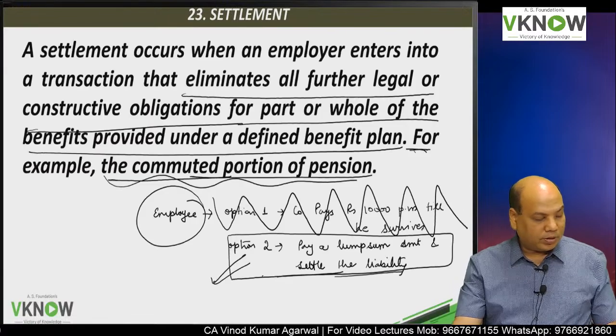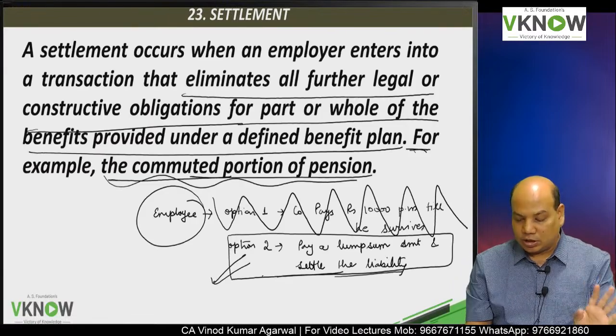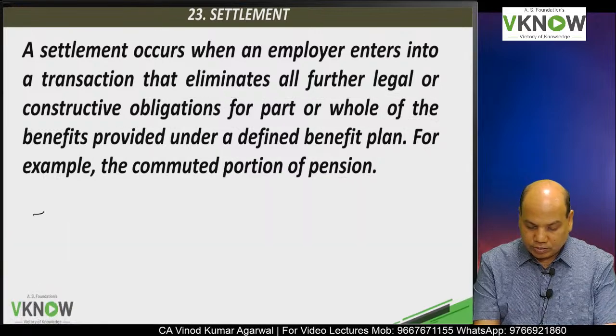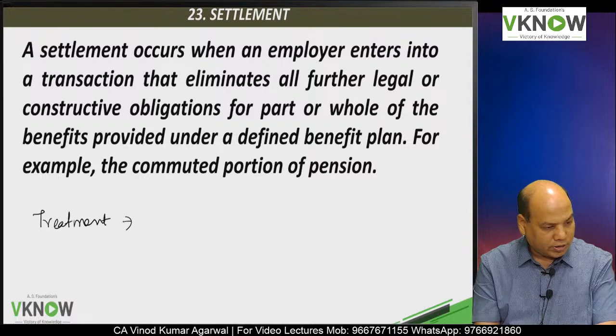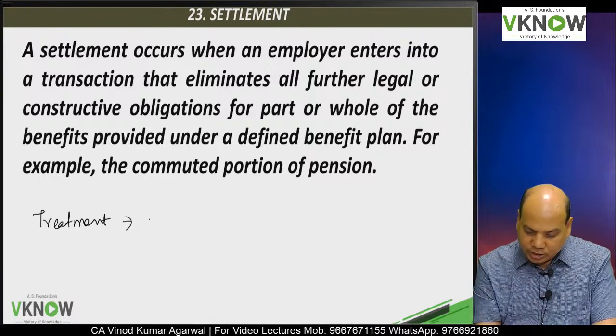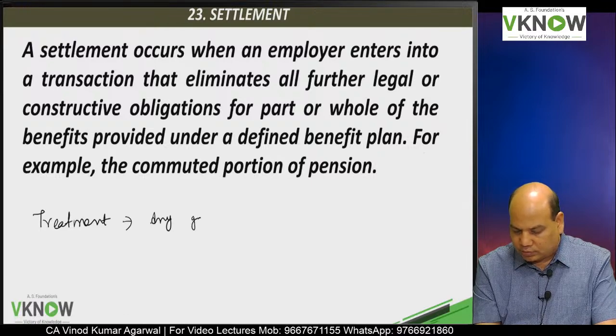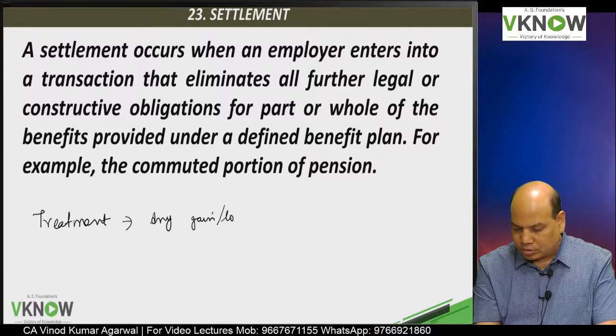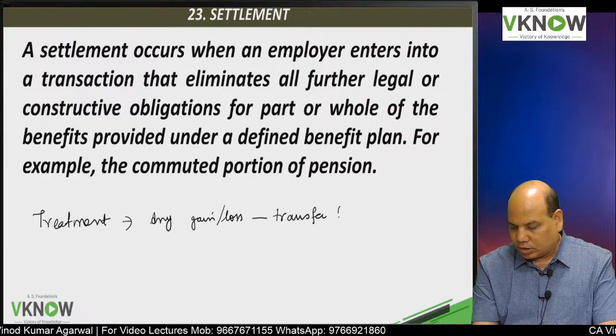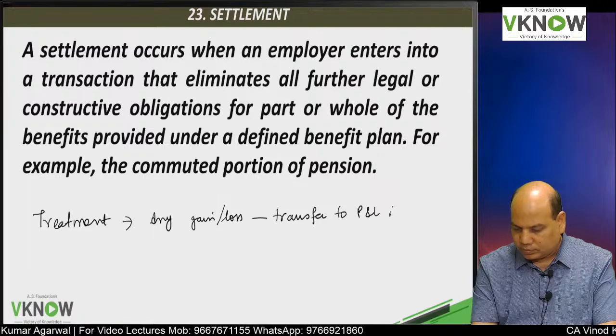What is the treatment? The treatment is P&L account. Treatment, you can write here just one line. If it is not written, it's not written. Treatment, write down: any gain or loss transfer to P&L account.